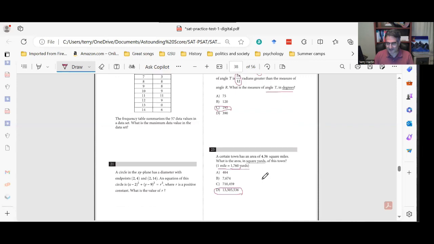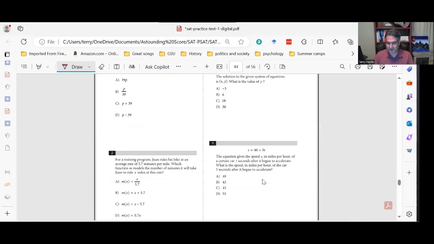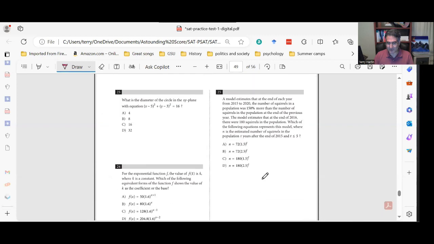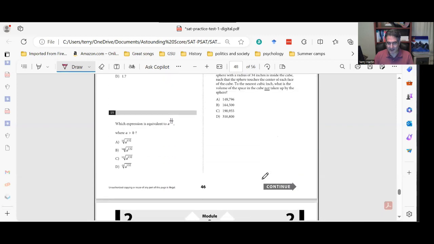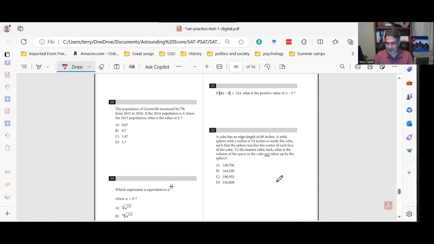Okay, let's take a look at module 2, number 22. Interesting one. What is the volume of the space in the cube not taken up by the sphere? There's a sphere and a cube, to the nearest cubic inch.